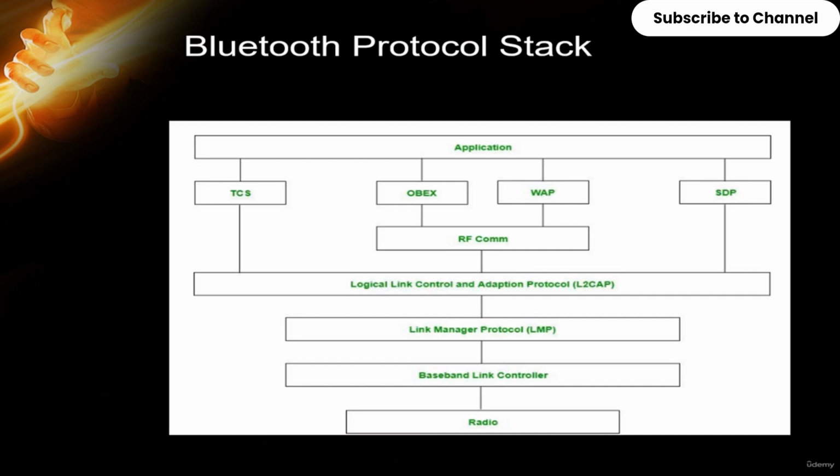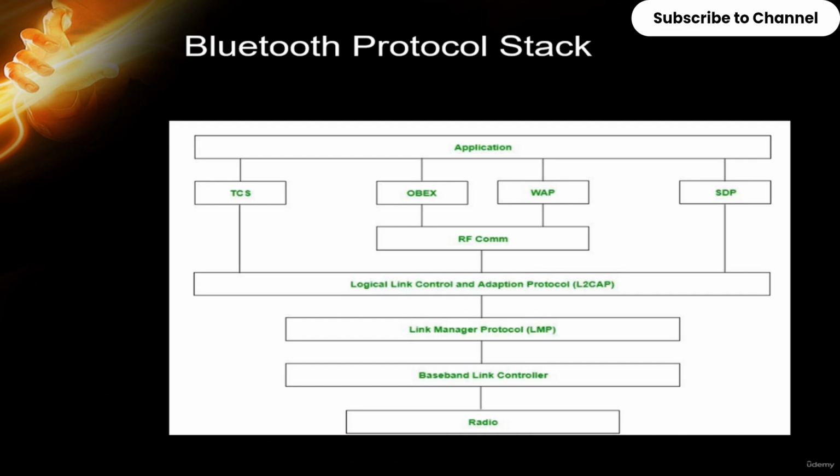The next layer is the baseband link controller. It is similar to the MAC layer in the normal OSI architecture. This baseband link controller uses the baseband for digital signals of Bluetooth systems. It handles timing, power control, packet formatting, addressing, and connection formation inside a piconet.